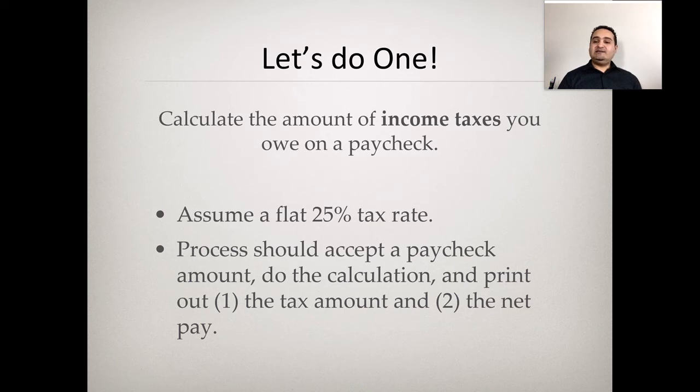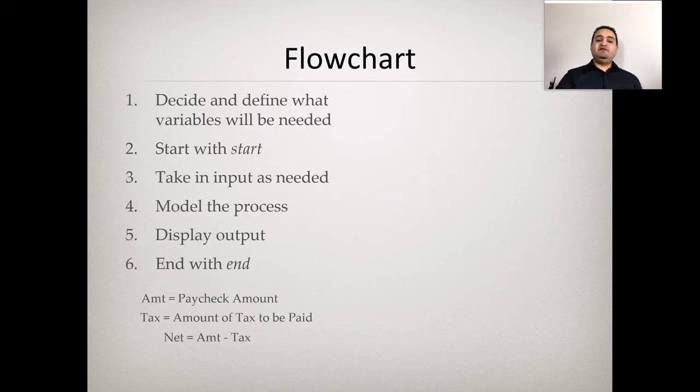So the printout, basically this is my output or the display, and print out the tax amount and the net pay. So now, if you remember those rules of thumb of how to create a flowchart, you will easily be able to create any flowchart scenario that I give you for the homework and also for the exam, and so on.